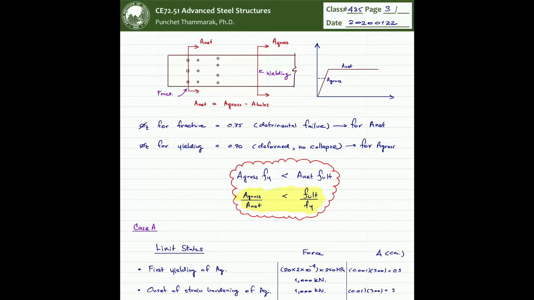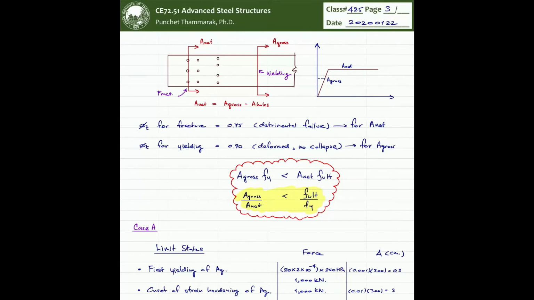Yielding does not lead to catastrophic failure. It does not lead to collapse, but it leads to a serviceability problem. So excessive deformation is expected from the yielding, and that's going to cause you a problem in that view. Whereas the fracture is going to make your structure fall down.